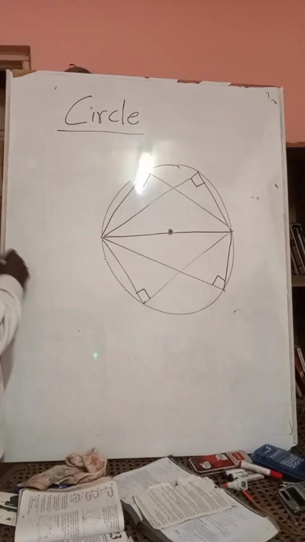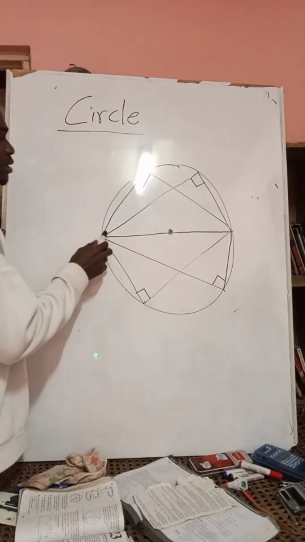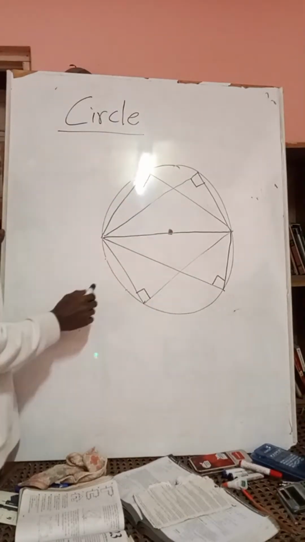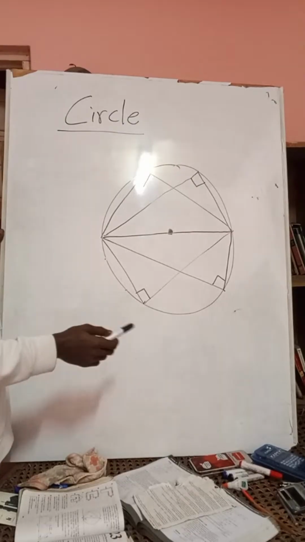When we draw a triangle like this, you see this triangle. This is a triangle, right? So this is a chord. This is a chord. After that, you can take note of that also.